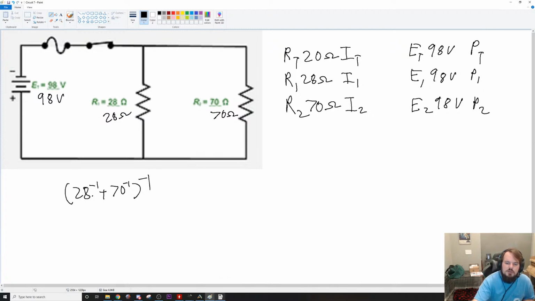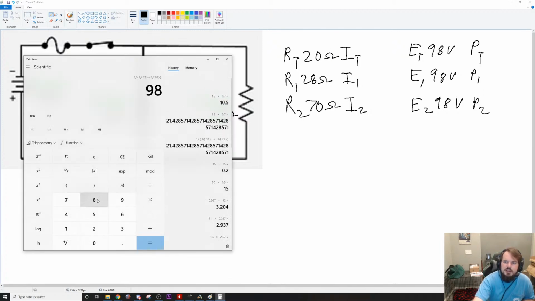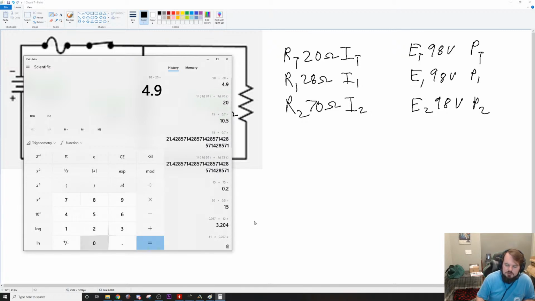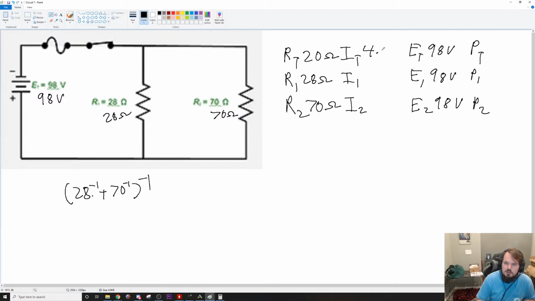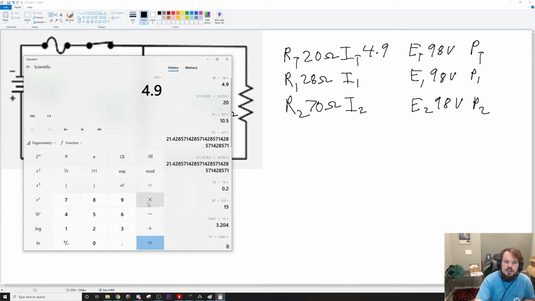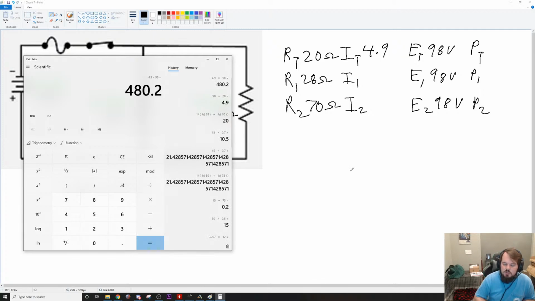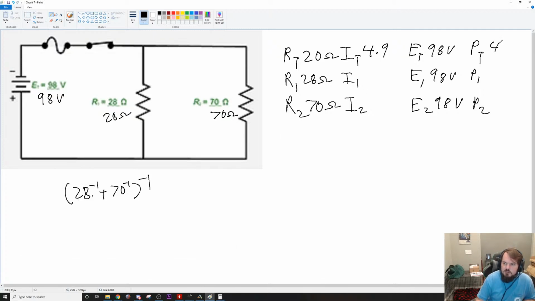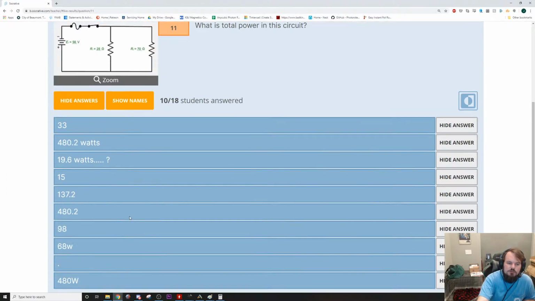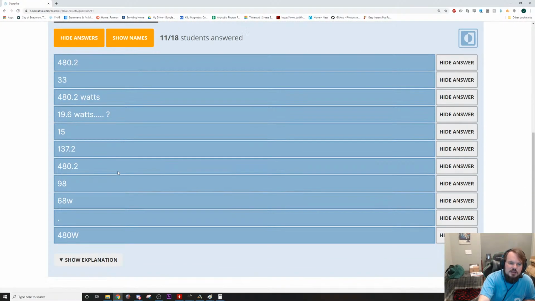Now we go 98 divided by 20 gives us 4.9. Then 4.9 times 98 will give us 480.2 watts. Alright, 480.2 watts is the answer.